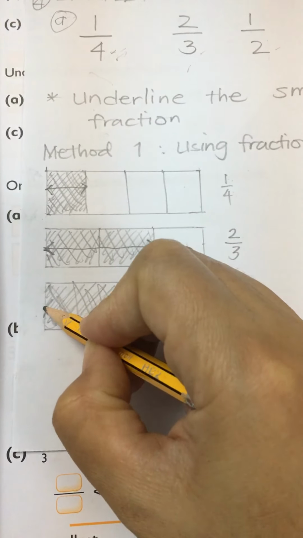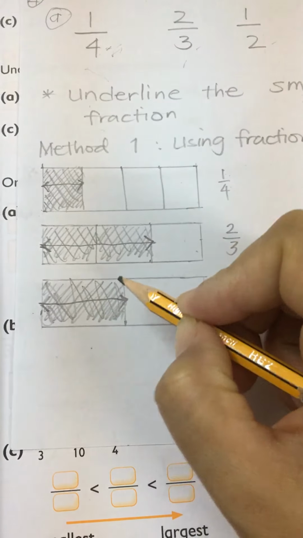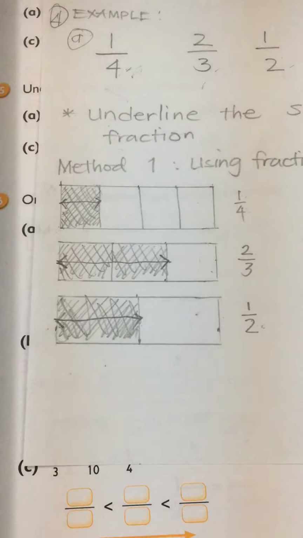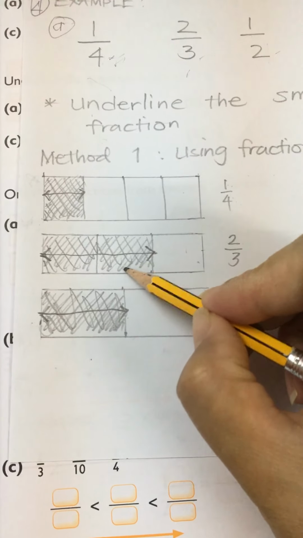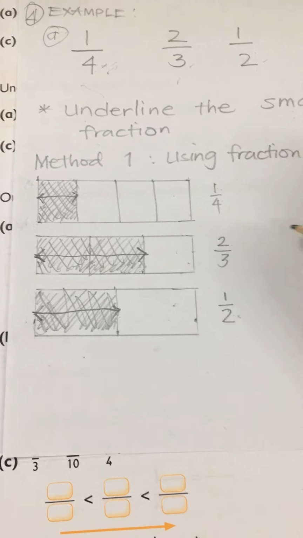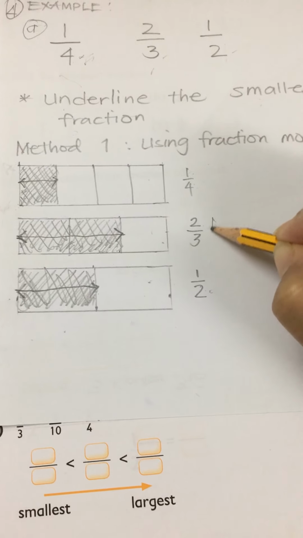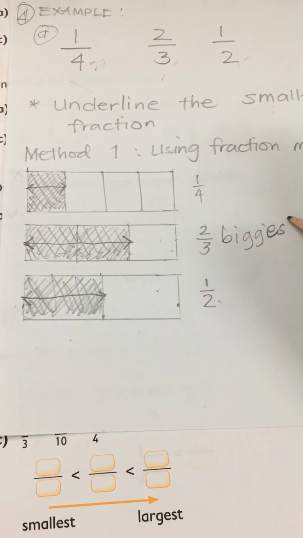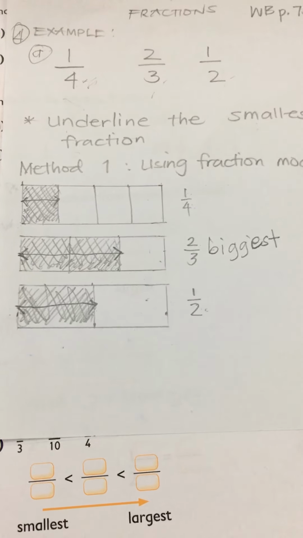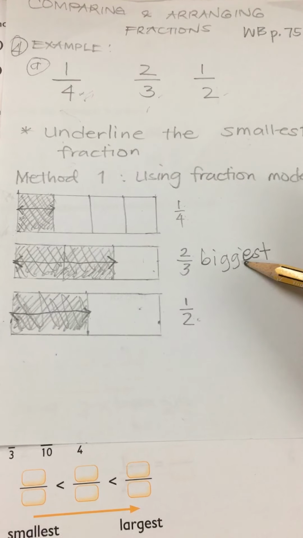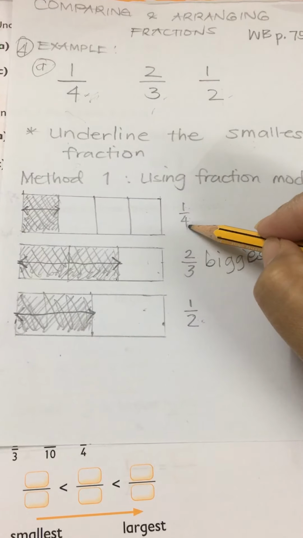So 1/2 is from here until here. You can see from the illustration, from the drawing, that 2/3 is the biggest fraction. And then we could easily see now that the smallest is the 1/4.